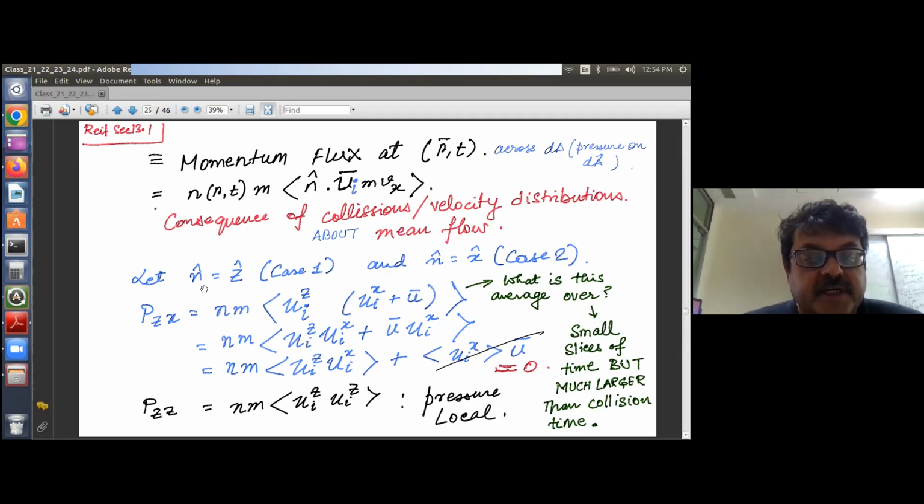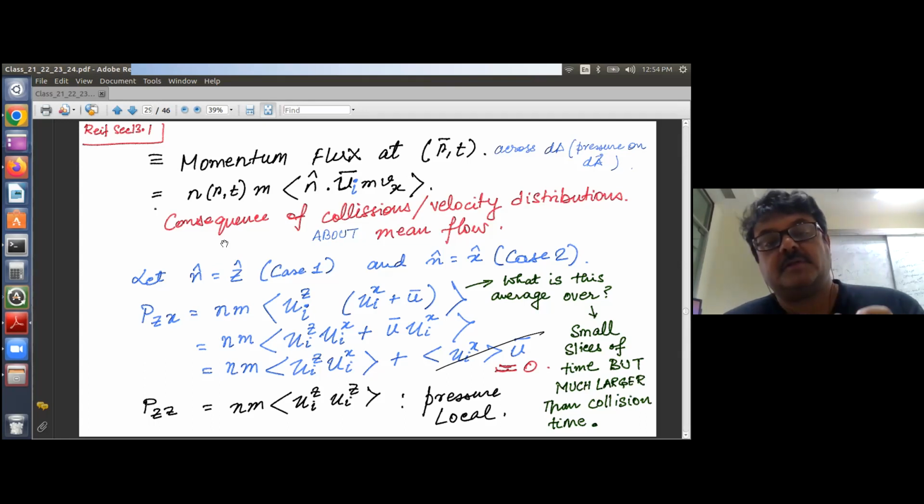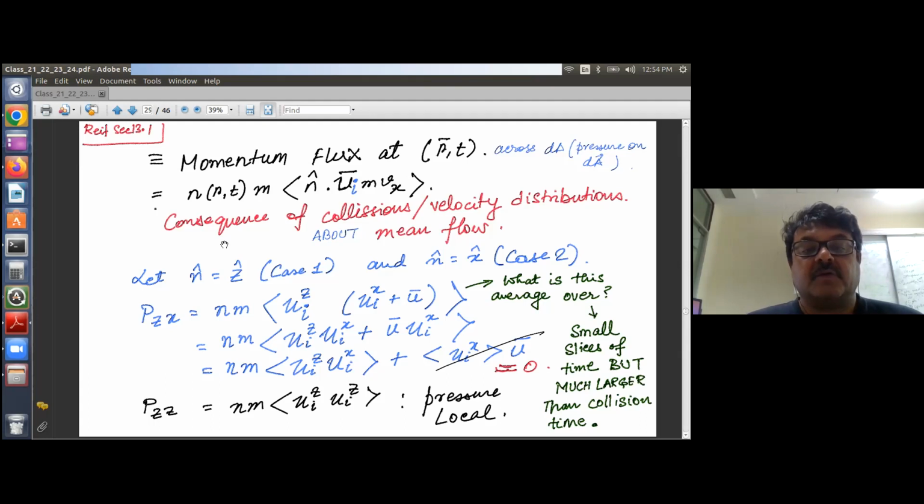Now, suppose we take n to be z hat. Suppose the mean fluid velocity of that volume element d³r was in the x direction, and suppose n hat is taken to be the z direction. Let's take that as case 1.